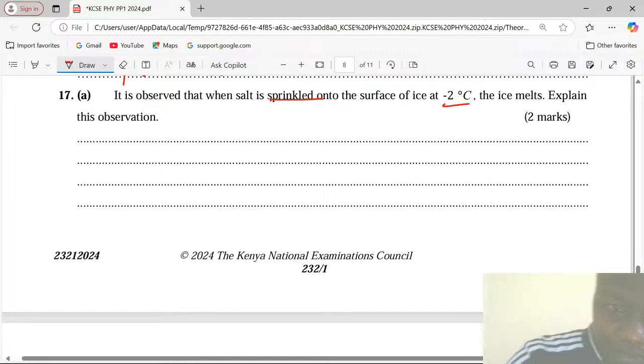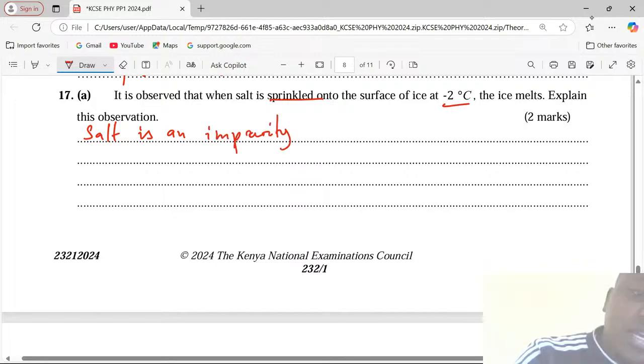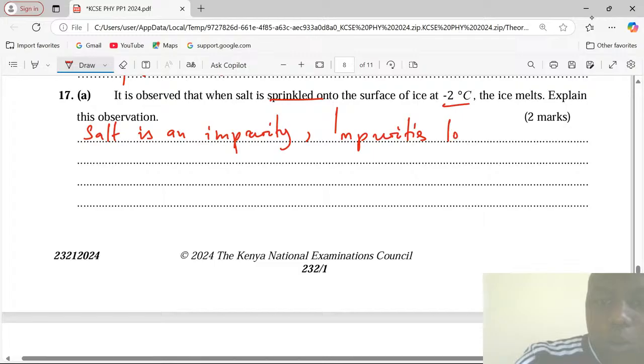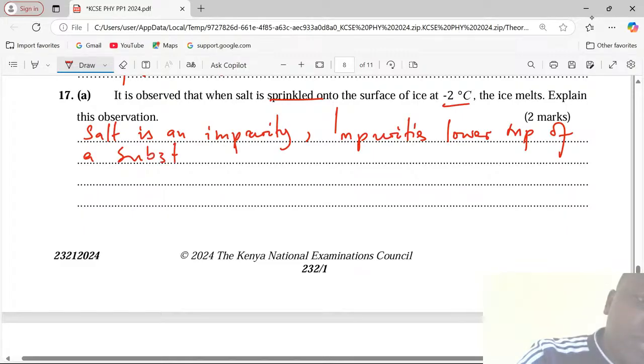This is to mean that salt is an impurity, and we should also know that impurities lower the melting point of a substance.